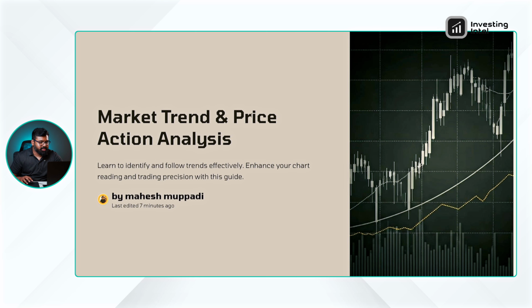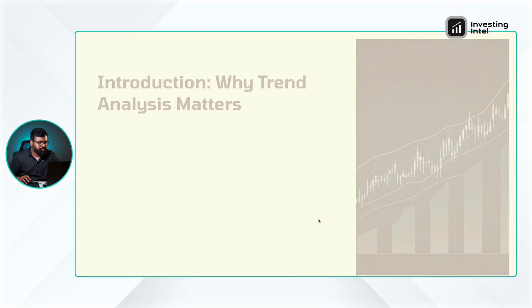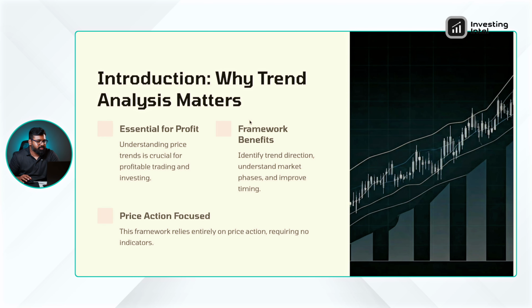So let's understand the market trend and price action, so that we can catch the trend and momentum in the market. Why do we need to understand trend in the market? Because it helps us understand the phase of the market, and it helps us improve our timing for making maximum profit, and entering and exiting at the right time.